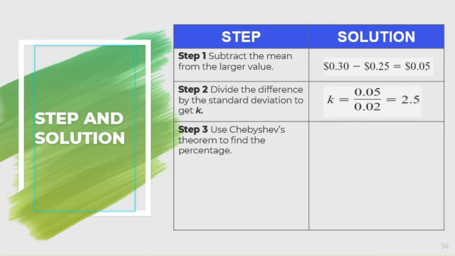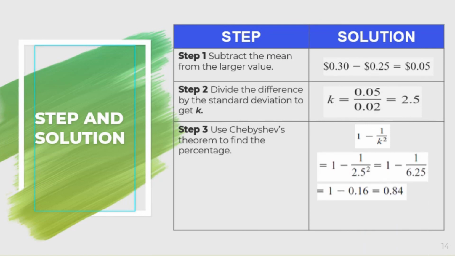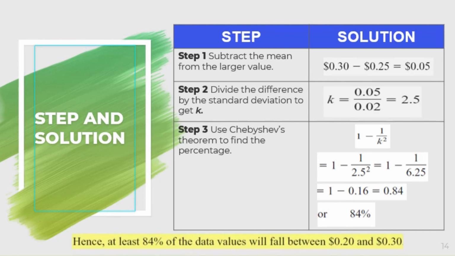And step 3, use Chebyshev's theorem to find the percentage. 1 minus 1 over k squared is equal to 1 minus 1 over 2.5 squared is equal to 1 minus 1 over 6.25 is equal to 1 minus 0.16 and is equal to 0.84 or 84%. Hence, at least 84% of the data values will fall between $0.20 and $0.30.